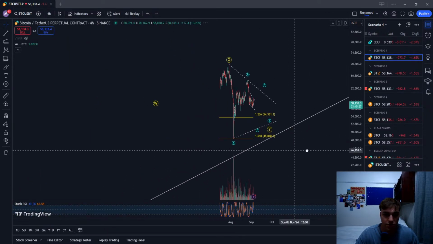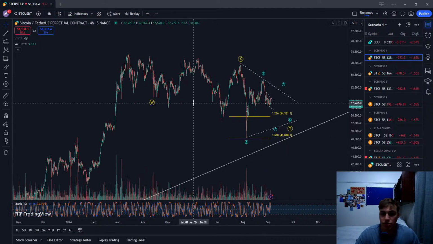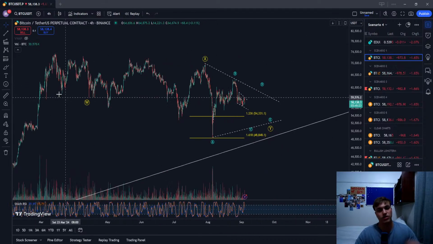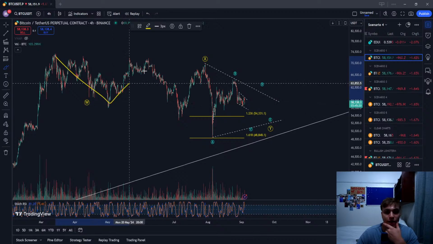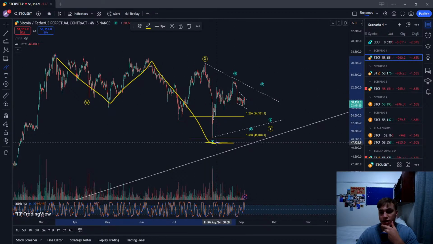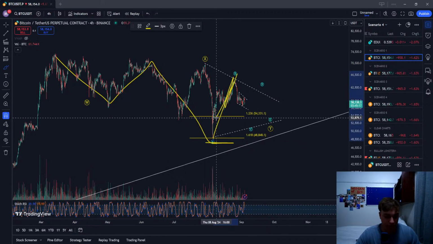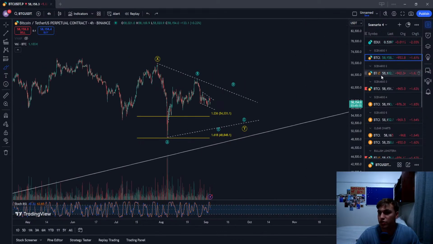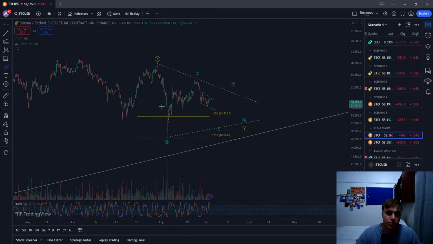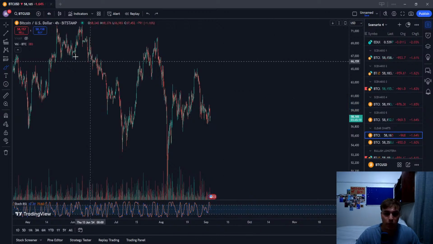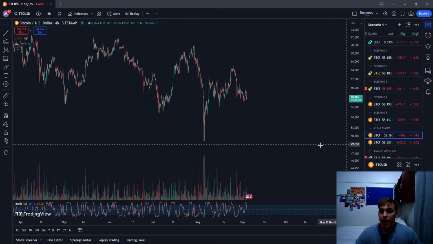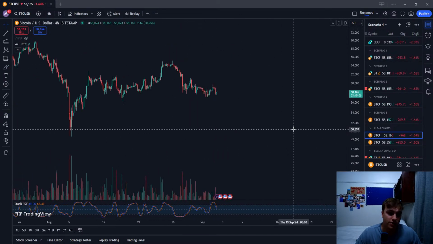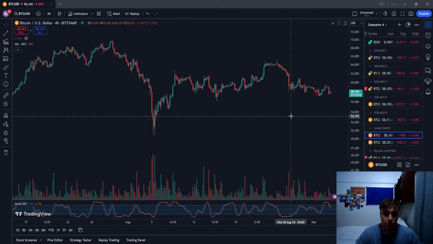Some other people were saying to me that this is possibly an ABC structure, so an A wave down, B wave, and C wave finishing. This is very ugly though. So if we were to count some sort of move to the upside, where we now have made the low and are going into all-time highs, which I don't think we're doing just yet.